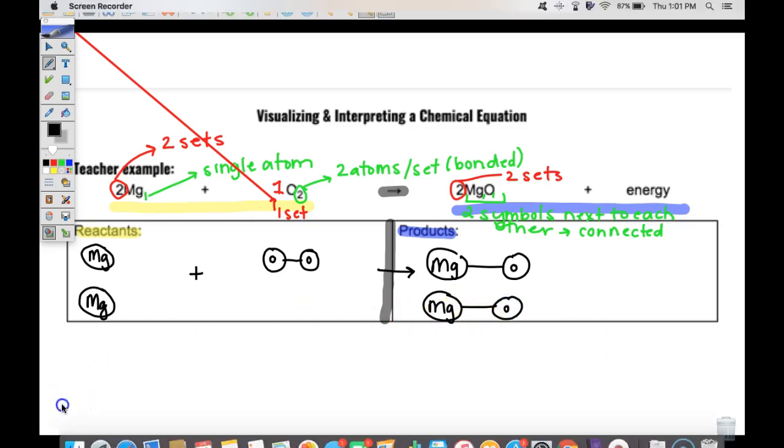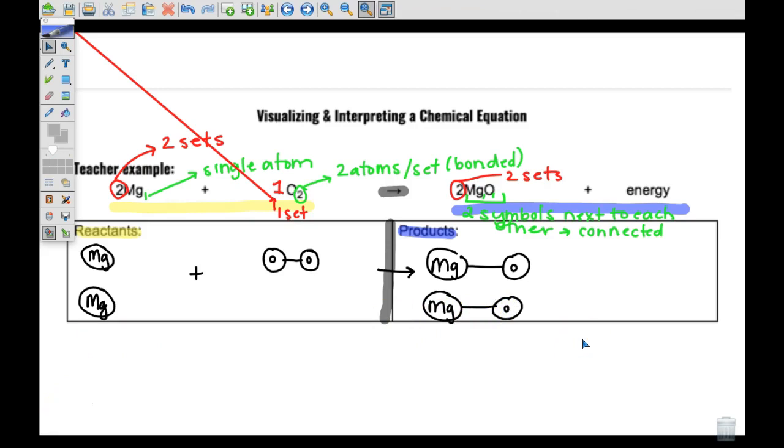Now that I have my 2 sets of MgO, you might be tempted to pull down this plus sign and write energy. We actually don't need this in our picture because energy is not considered to be matter, so it doesn't matter in our model.